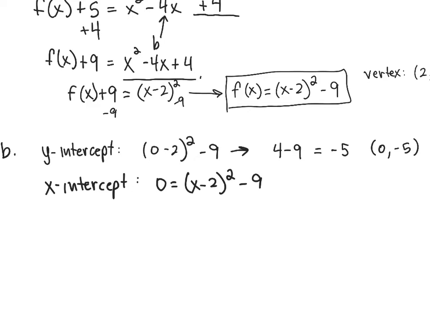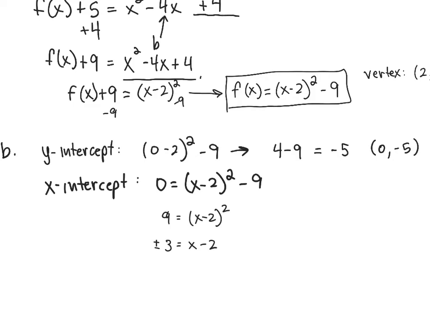So one way you could solve this equation is to add 9 to both sides. And now you can square root both sides in order to cancel that square. So if you square root both sides, you're going to get plus or minus 3 is equal to x minus 2.